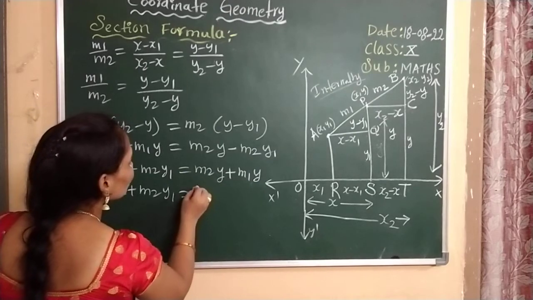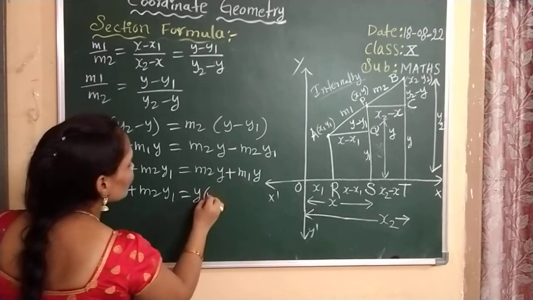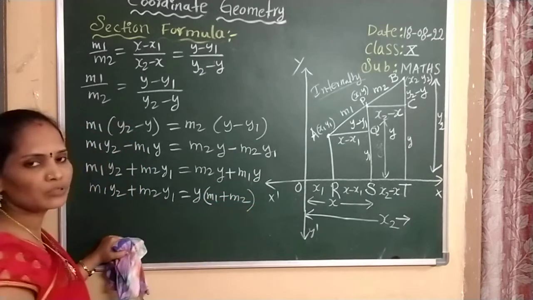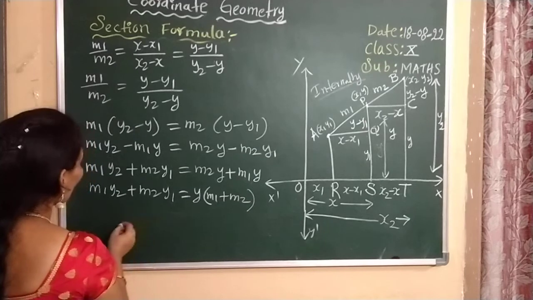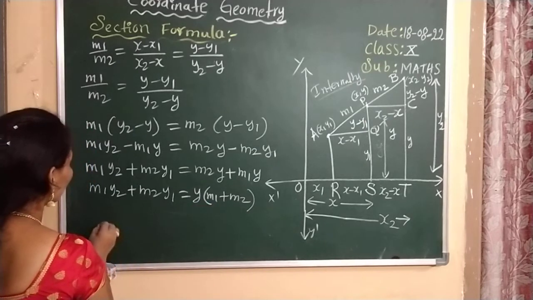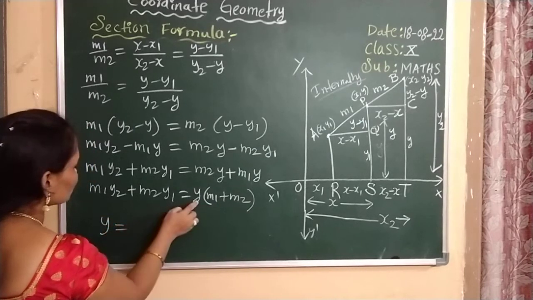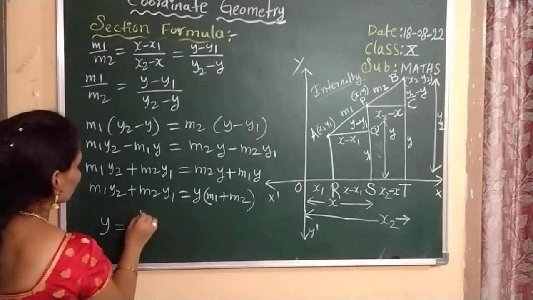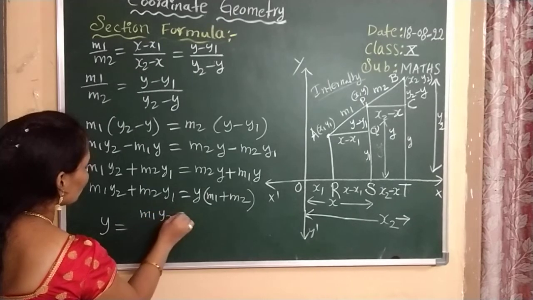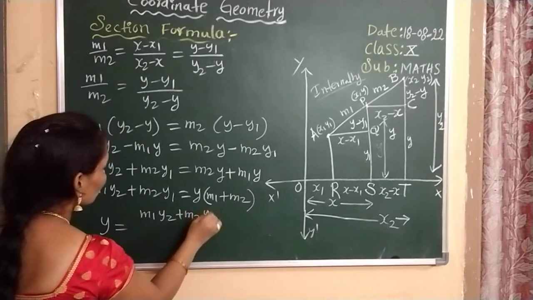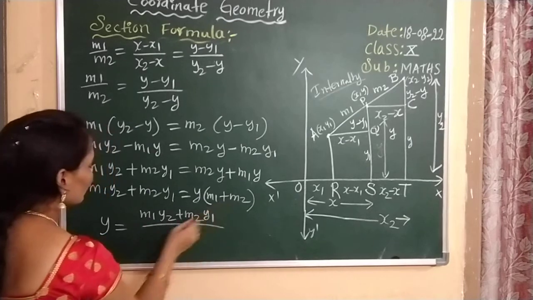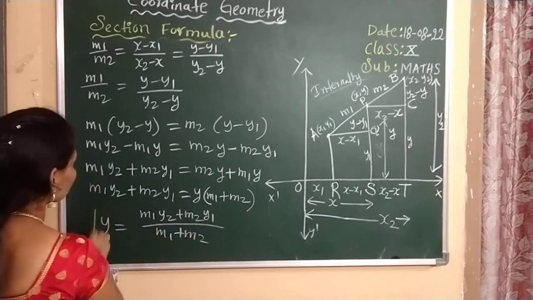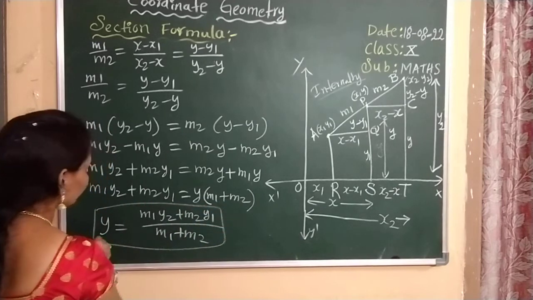So I am taking y common, m1 plus m2, no problem. Now take the transpose. Directly I am writing y is equal to (m1 y2 plus m2 y1) divided by (m1 plus m2). This is y.